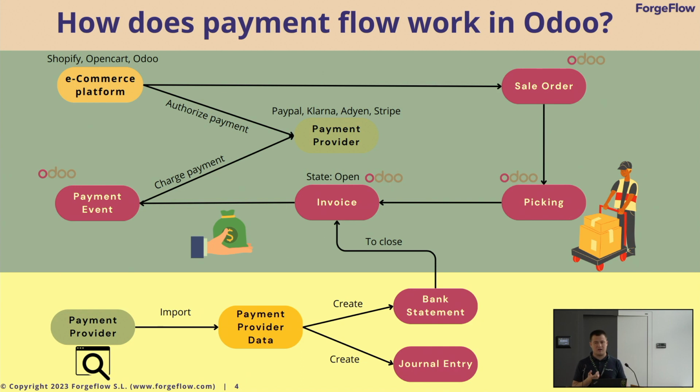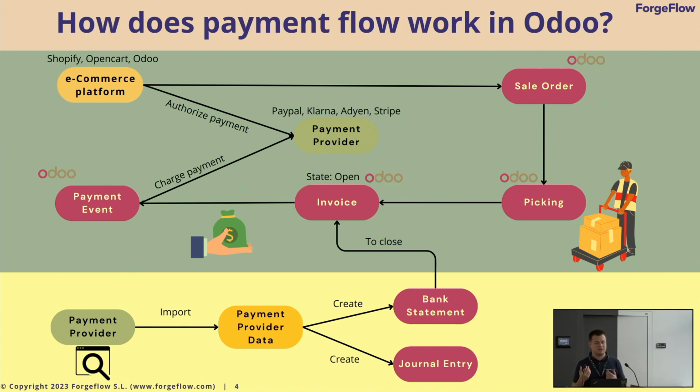A picking is generated, and if it's a delivery policy, after delivering, the invoice is created and a payment event goes from Odoo to the payment provider, which charges or refunds the quantity to the customer. But this is the payment flow.